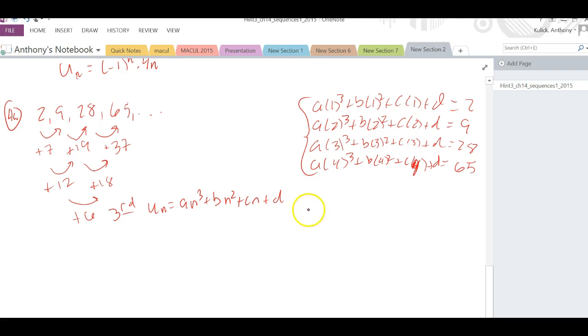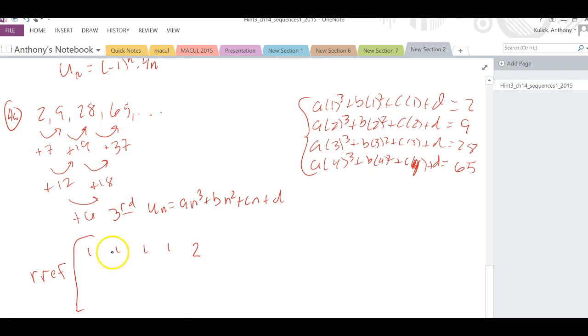And so if we clean this up and put this into a matrix, the way we're going to solve this is we're going to use the row reduced echelon form command from our calculator. My coefficients for the first equation are all just 1s.